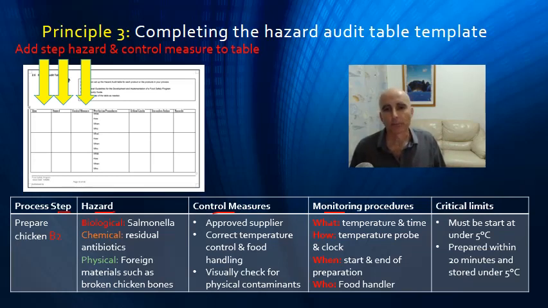So with this example, we'll be monitoring temperature and the time for preparation of chicken. We'll do it via a temperature probe and a clock seeing the time. When: we'll start and at the end of the preparation to make sure we've met the critical limit, and who: the food handler or chef. So the critical limits are explicit so that we can document them. When we start, it must be under 5 degrees as a storage, and while I'm preparing it, I have 20 minutes, and then I need to store it under 5 degrees very, very quickly.